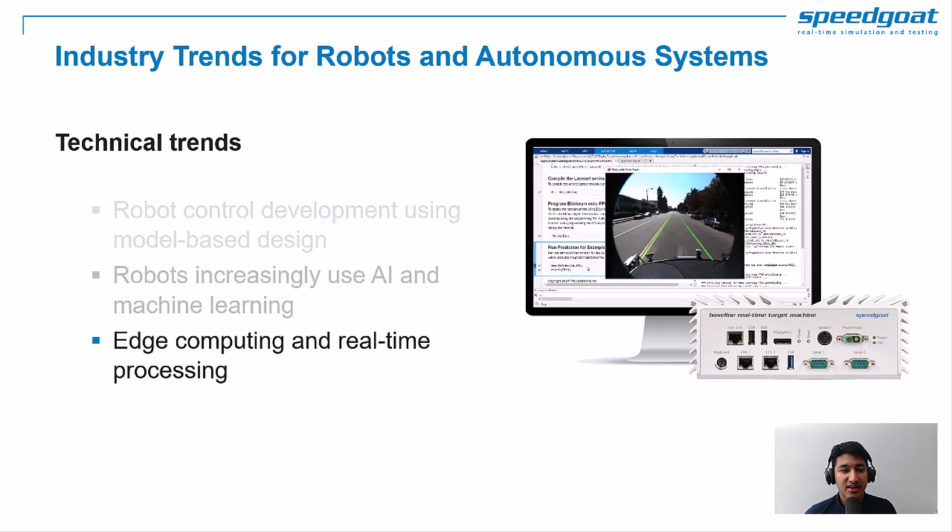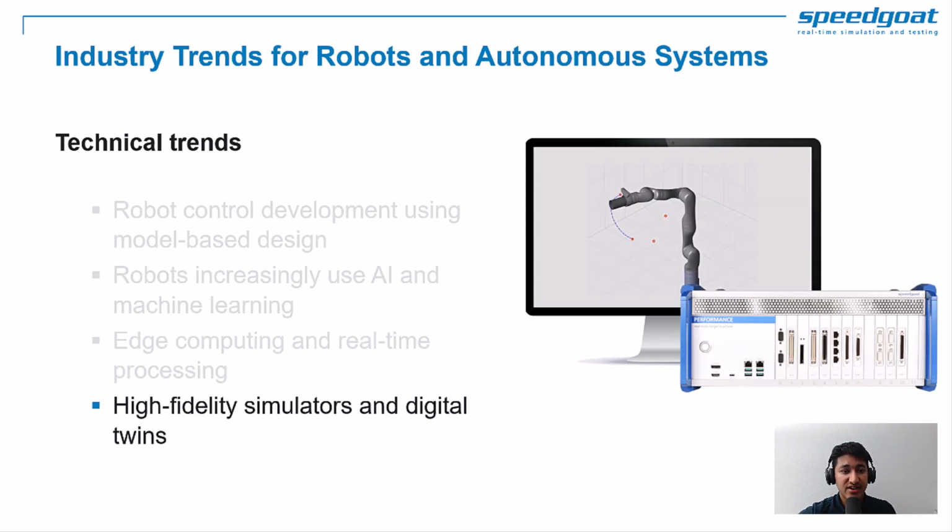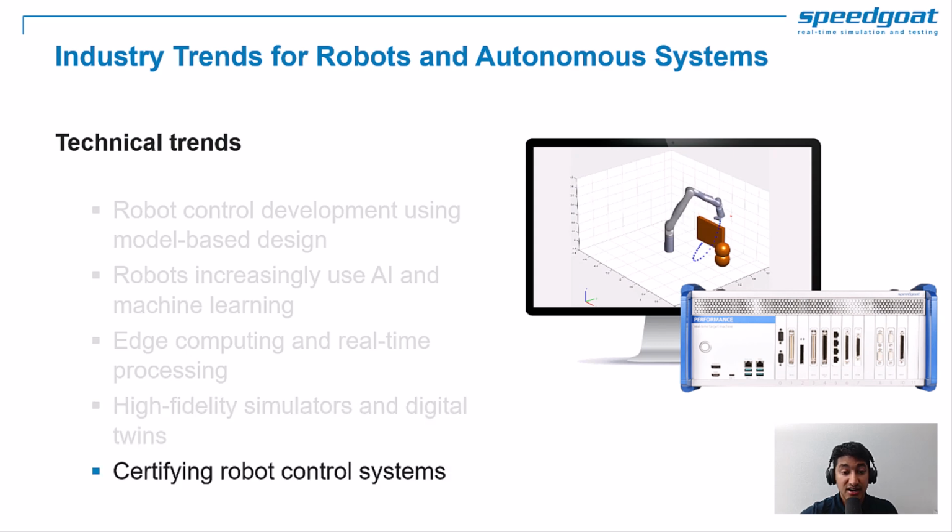They're using edge computing for low latency real time processing. They're testing the controllers using high fidelity digital twins, which help replicate real world behaviors and dynamics of the robots and autonomous systems. They're using digital twins to certify and virtually commission the controllers of the robots.